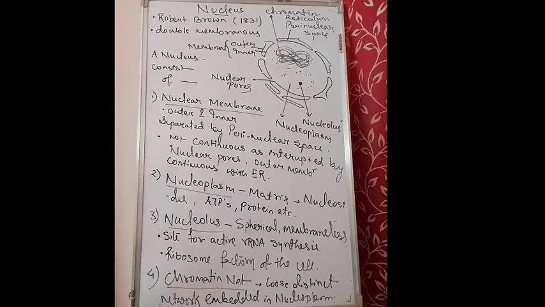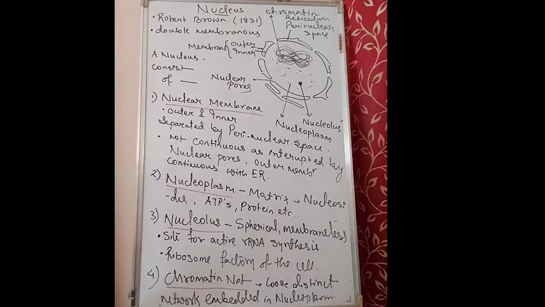And if the chromatin reticulum is loosely packed, then it is known as euchromatin. The thickly or densely packed part will retain more stain, more color on staining, so that part is known as heterochromatin. And the parts which are loosely packed will not retain more color, and therefore they are known as euchromatin.